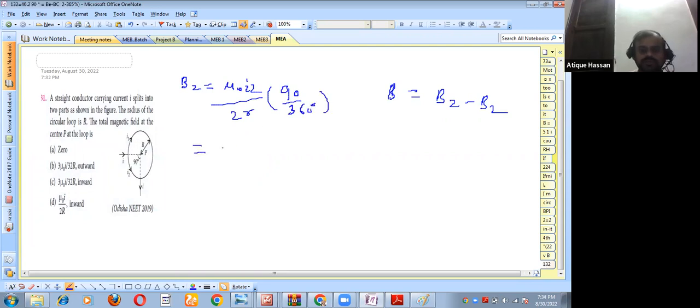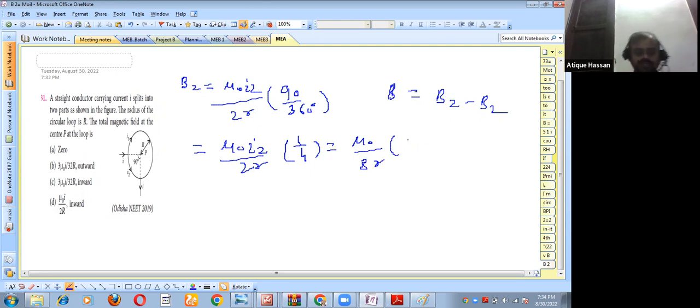So it will be mu naught I2 by 2R into 1 upon 4, and it will be mu naught I2 by 8R. And what is the I2? I2 we have calculated as 3I1, right? I2 we have calculated as 3I1.